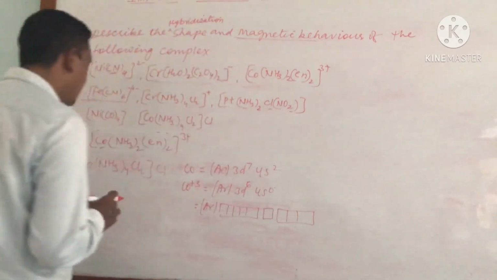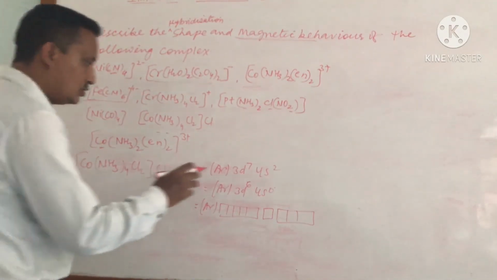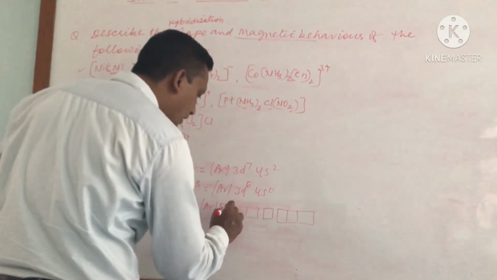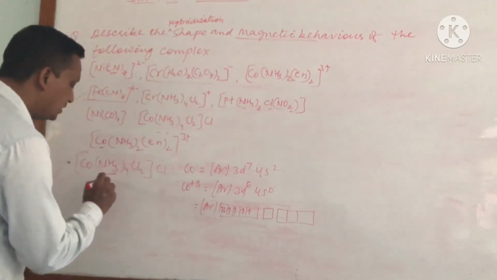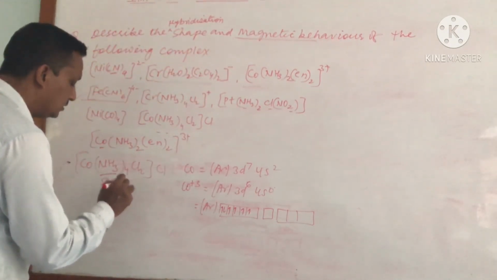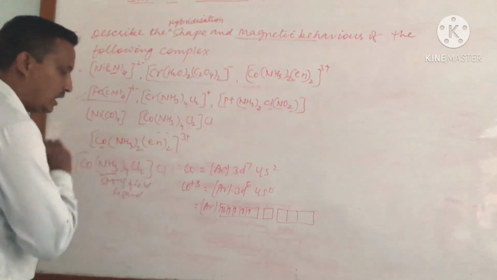In this case we can see that electrons can be filled 1 2 3 4 5 and 6, but NH3 is a strong field ligand with cobalt.